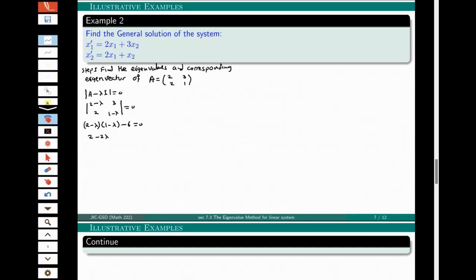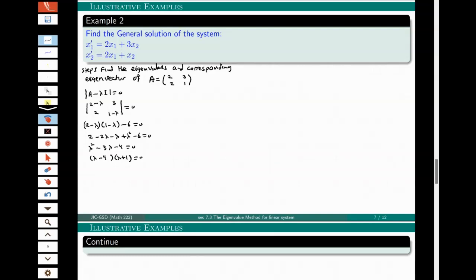So it will be 2 minus 2 lambda minus lambda plus lambda squared minus 6 equal to 0. So I'll have lambda squared minus 3 lambda, 2 minus 6 is minus 4 equal to 0. So we can say it's lambda minus 4 times lambda plus 1 equal to 0.